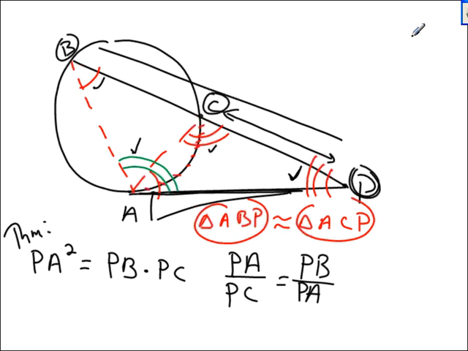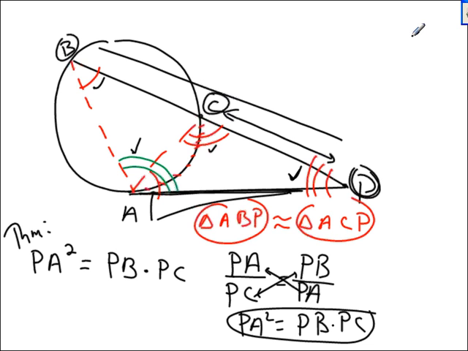And if you cross multiply, PA times PA is PA squared, and you cross multiply on the other side, you get PB times PC. Exactly what we set out to show.